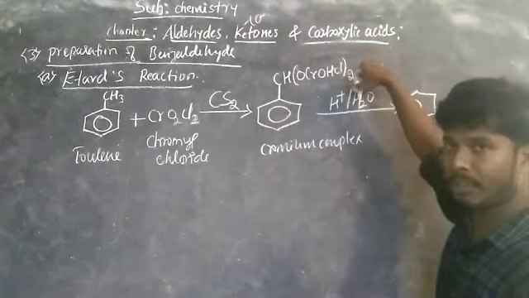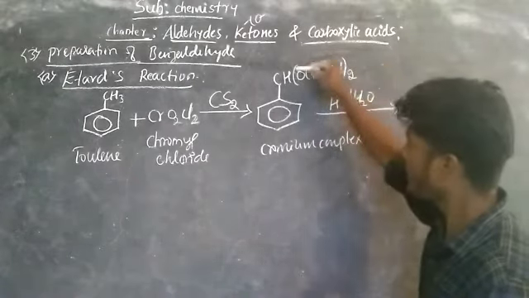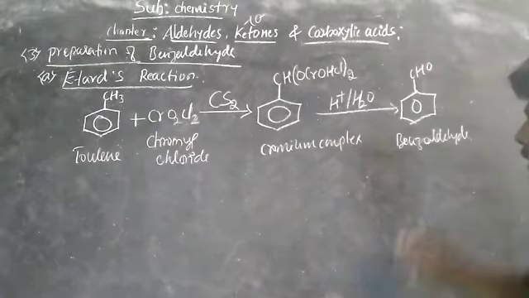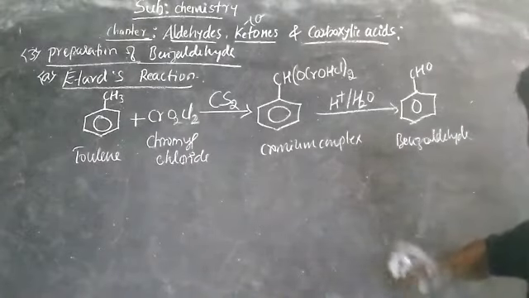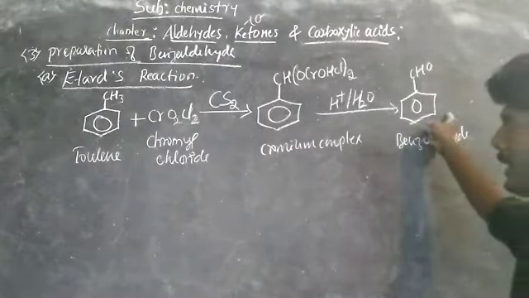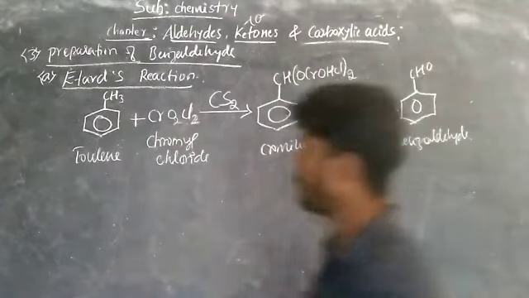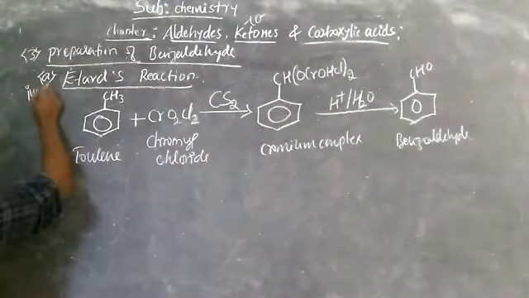See, after acid hydrolyzing, the CH and O becomes an aldehyde, that is CHO. We call it benzaldehyde, plus a byproduct. The byproduct we don't need, it is a complex compound of chromium. Just here write benzaldehyde, and this whole reaction we call as what? Etard reaction. Very important for 2 marks. This is the Etard reaction.